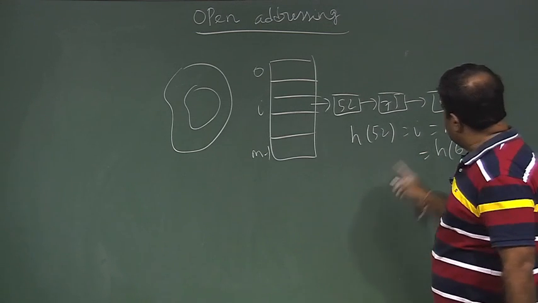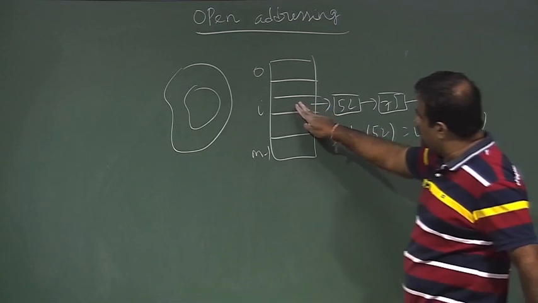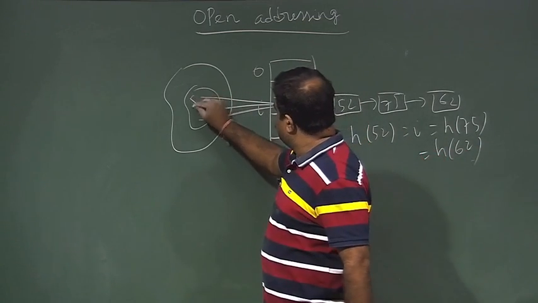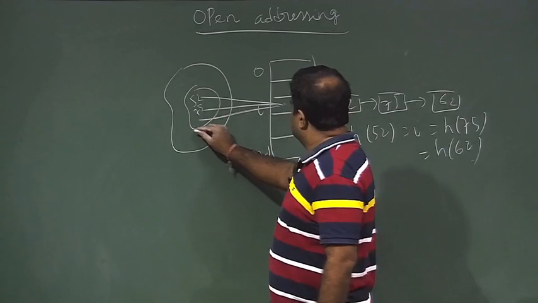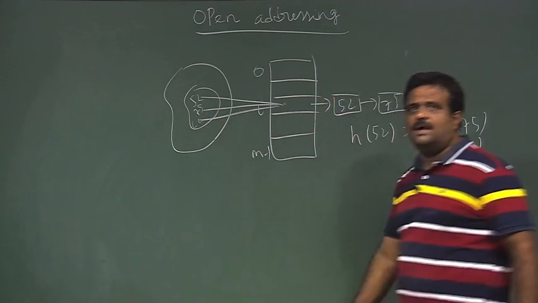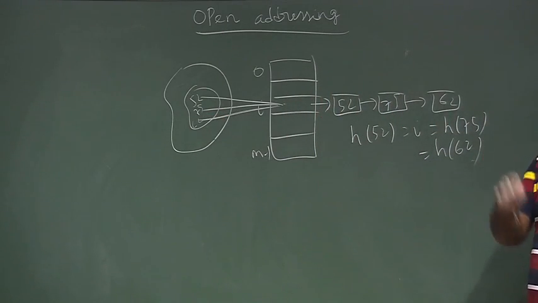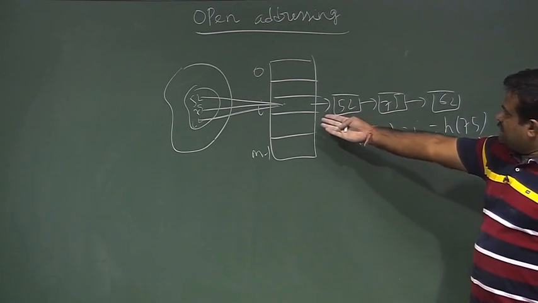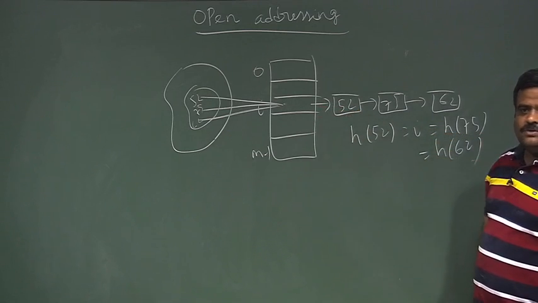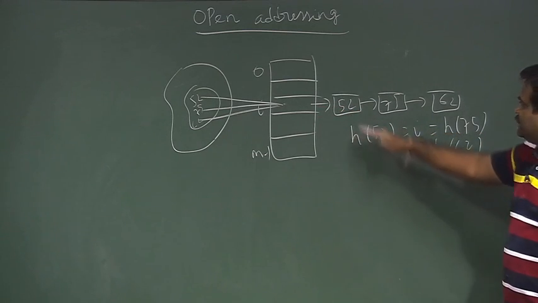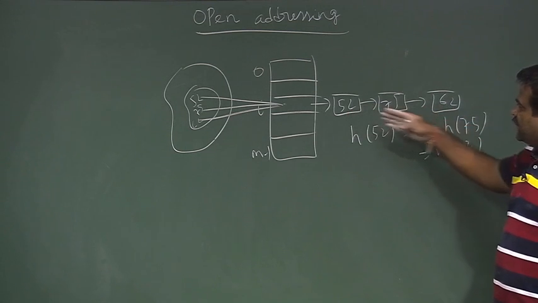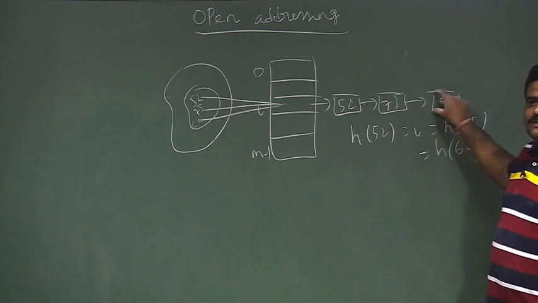So these are the keys, all mapping to the same ith slot. This is the collision, and we handle it by having a chain outside the table. So this is extra storage. We have to maintain a linked list outside the table.